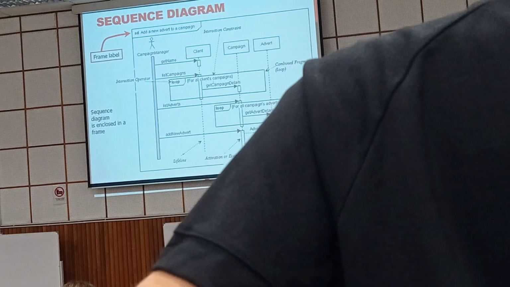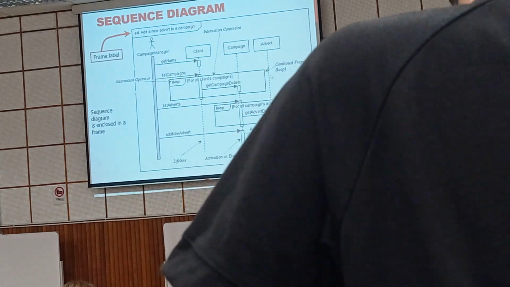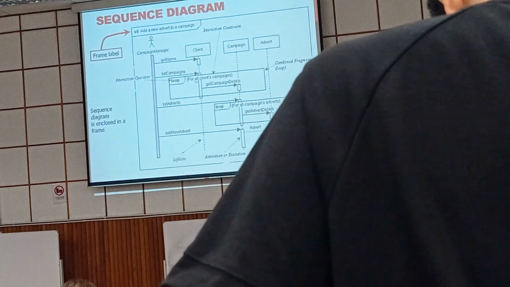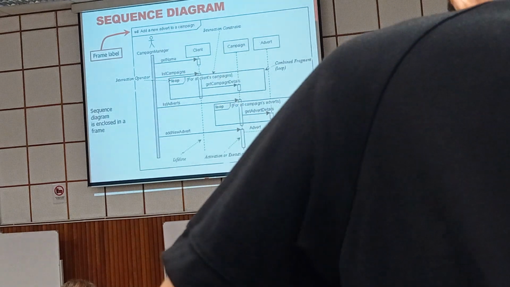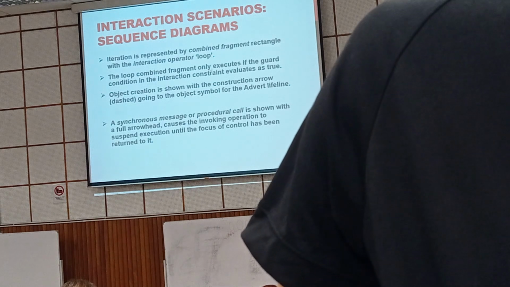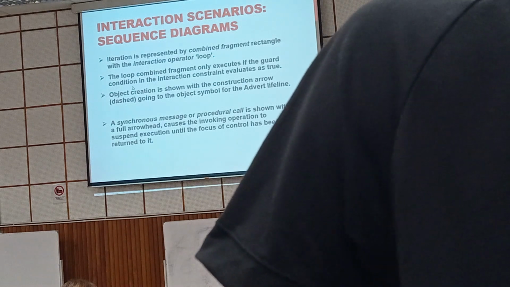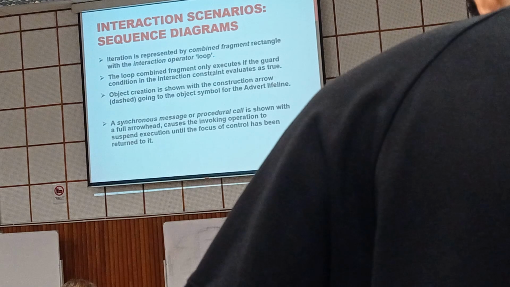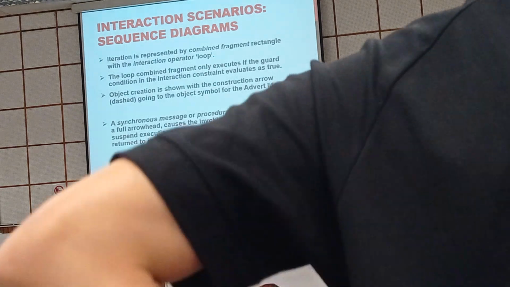If you want to put in detail, you can put it here. So you can show how many times this loop runs, and for what. The loop combined fragment only executes if the condition is true. You know, right? A loop is only executed when the condition is met.